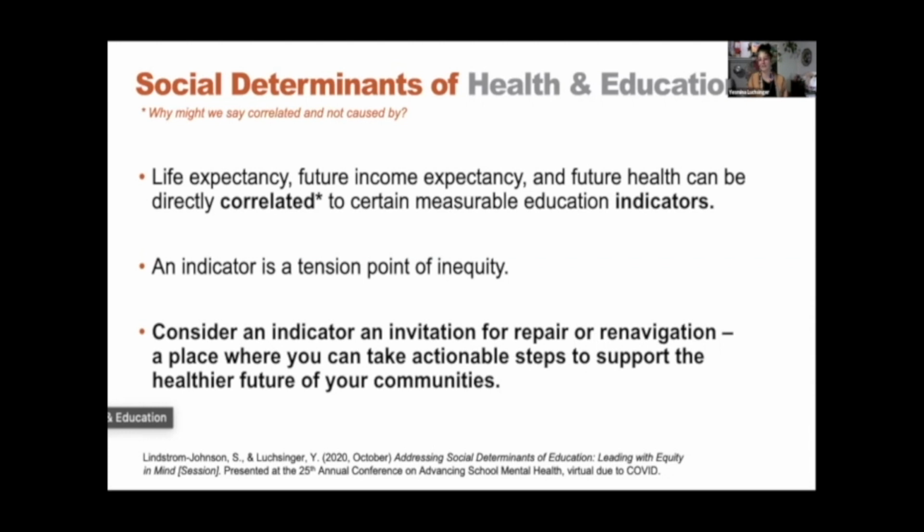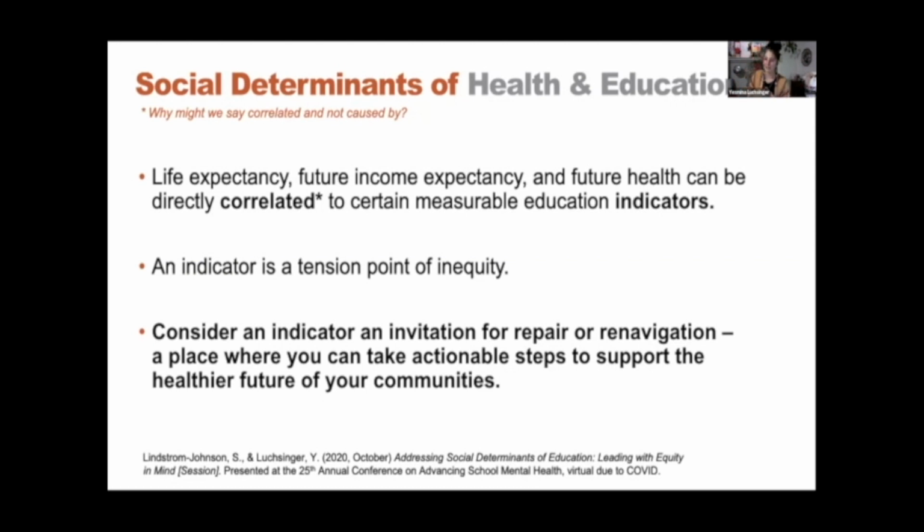We'd love to take that one step further, since we have school mental health professionals in the audience, and connect it back to the social determinants of health and education. We know as educators that we can predict or correlate, not causation, income, life expectancy, and future health indicators directly to measurable education indicators.